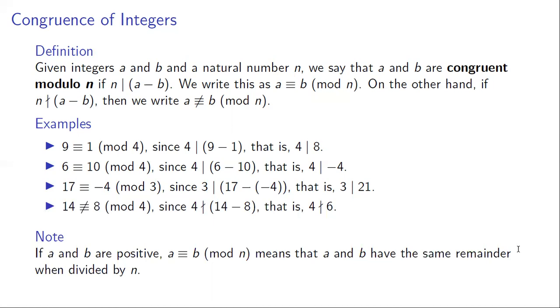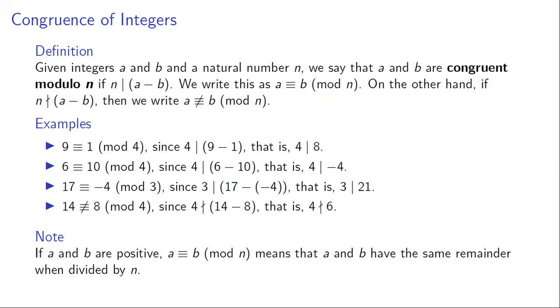So if a and b are positive, then to say that a is congruent to b mod n is the same thing as saying that a and b have the same remainder when divided by n. So the idea is that when we say a is congruent to b mod n, what we're saying is that a divided by n leaves the same remainder that b would have when divided by n.